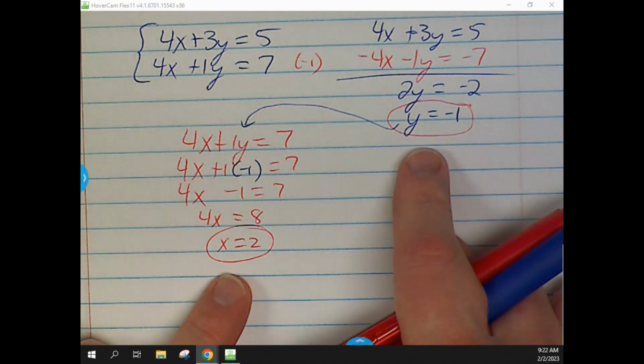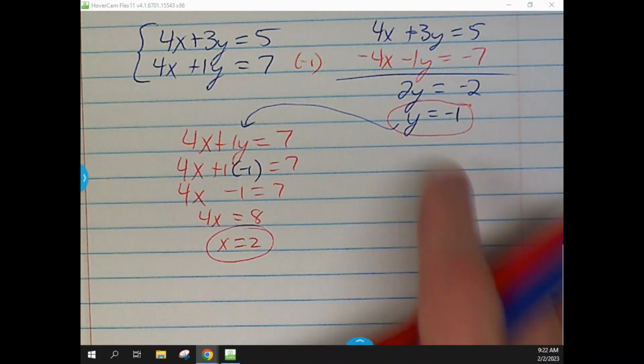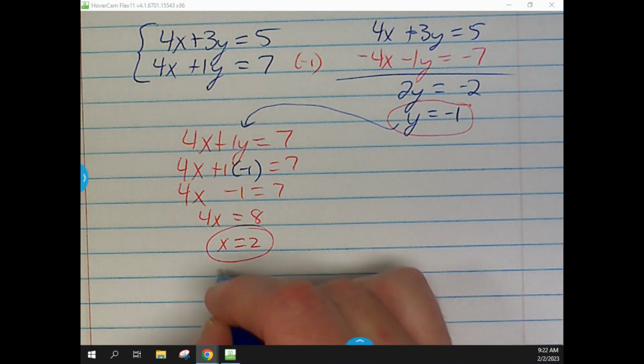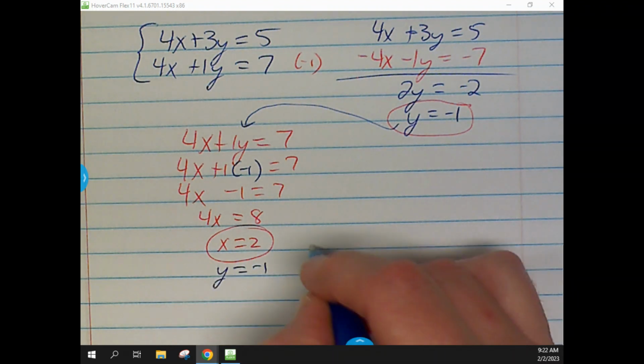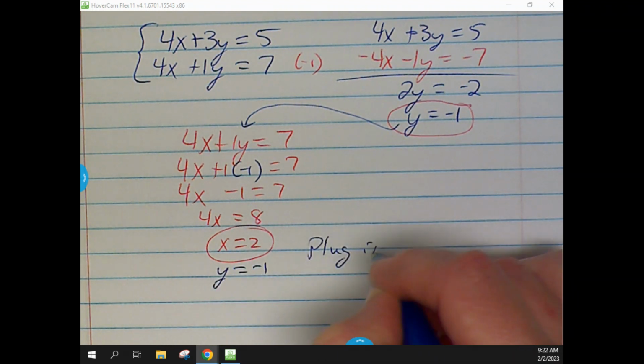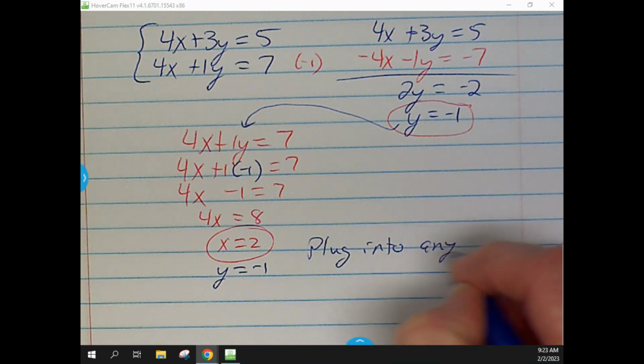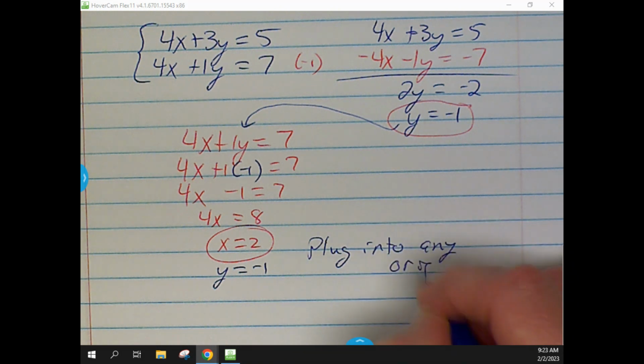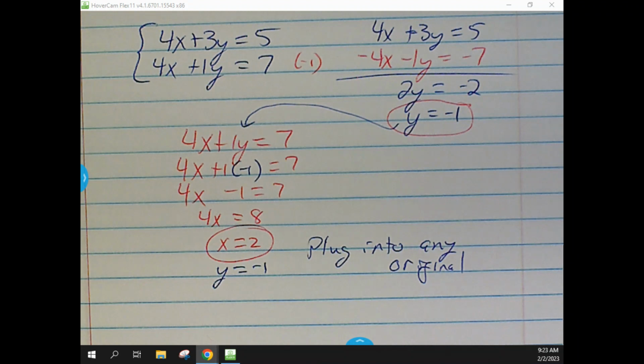Okay, and again, now that we've got the two answers from the 2x2 system, we're going to take the x equals 2 and the y equals -1 and plug those back into any original equation. Doesn't matter which one. Just the one you think might be the easiest to work with. Do you have a preference?